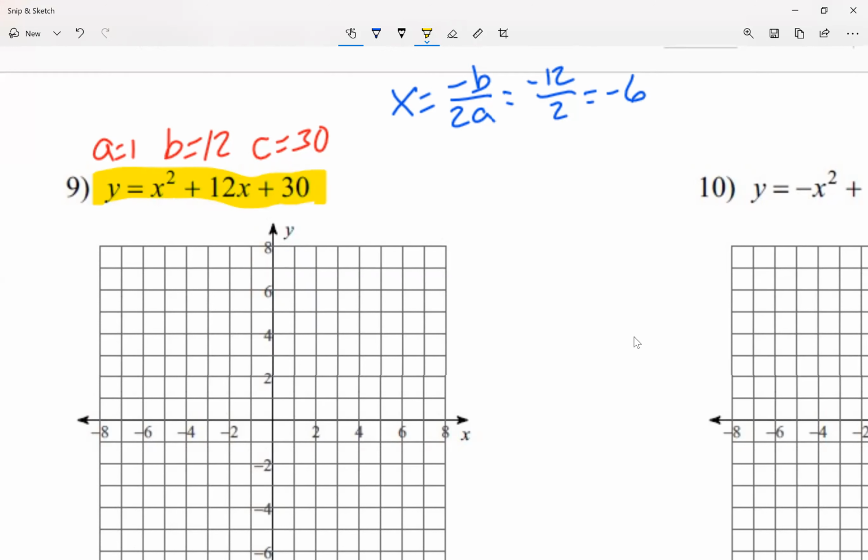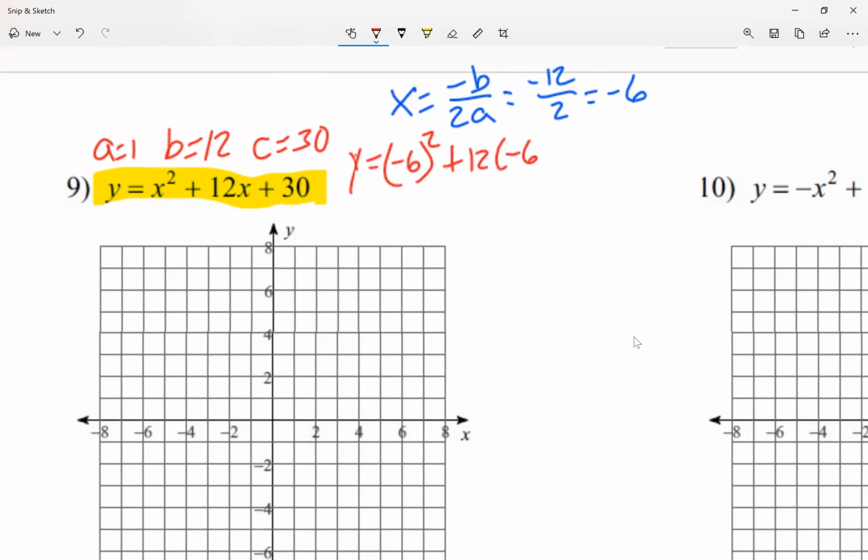So I'm going to say y equals negative 6 all squared plus 12 times negative 6 plus 30. Again, I'm using the equation, but instead of x, I'm using negative 6.